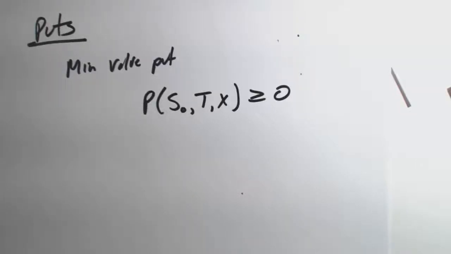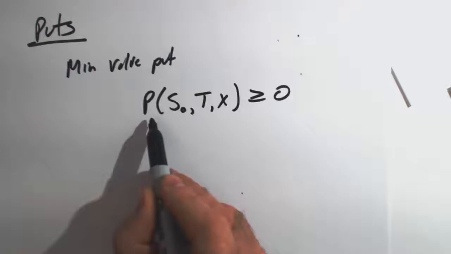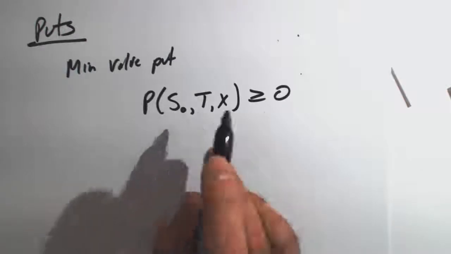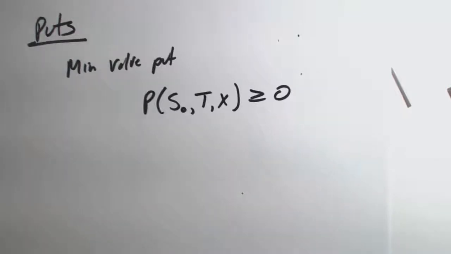Now with an American put, and by the way, notice no little e, no little a right here, because it didn't matter. This is the lower bound for an American or European. Now an American put can be exercised early if it's in the money, and so its boundary condition is a little bigger.